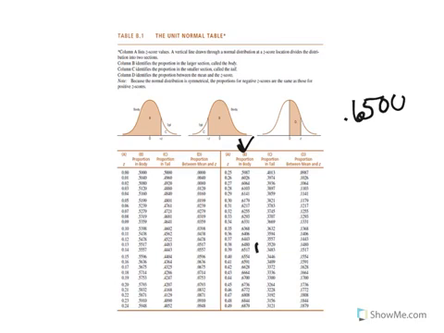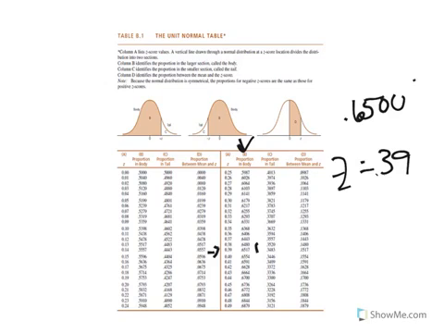And we see that these two are closest, 0.6480 and 0.6517. And again, it's a matter of identifying which is closest. And similar to the previous example, we would go with the z-score 0.39 because the proportion is closer.